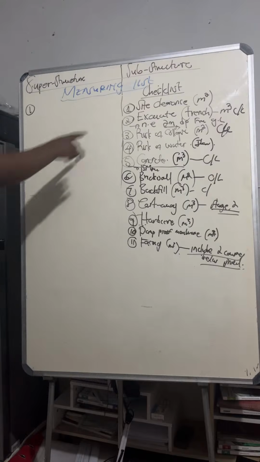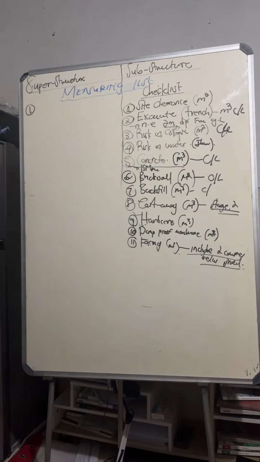Now, item number 1, when you are measuring the checklist, what is it that comes first? Number 1, solo. Superstructure. Yes, in superstructure, we are measuring the superstructure, and now we need to do what? Center line.